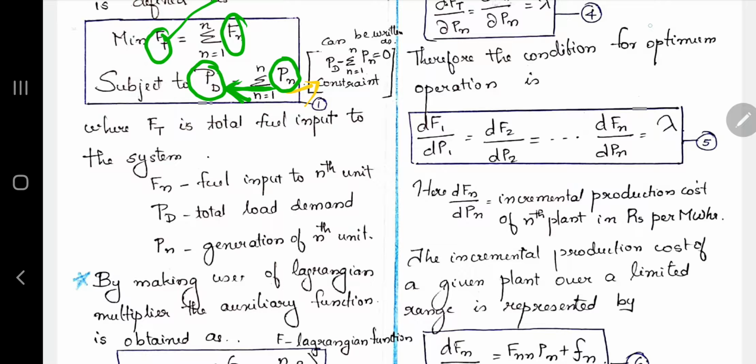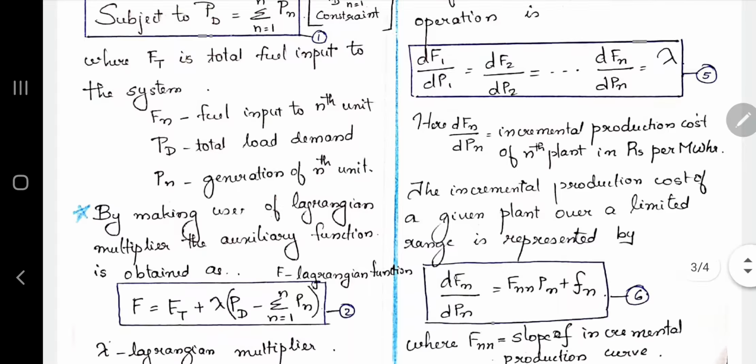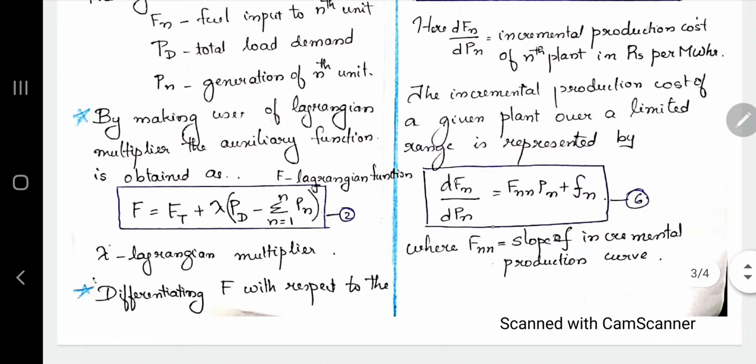Now, in the mathematical approach, the minimization problem is normally solved using a Lagrangian function. This Lagrangian function makes use of a Lagrangian multiplier, and it is mainly used for finding solutions for constrained optimization problems.